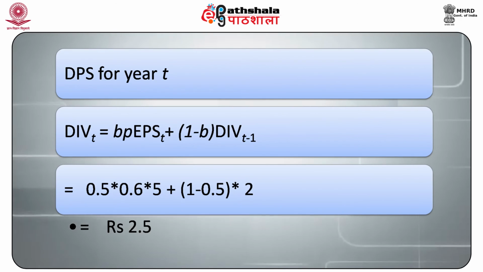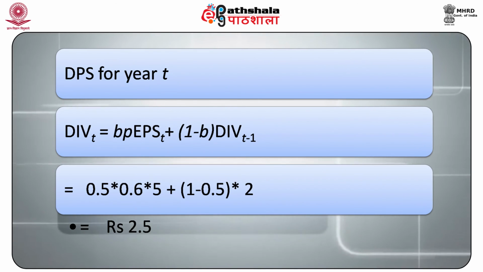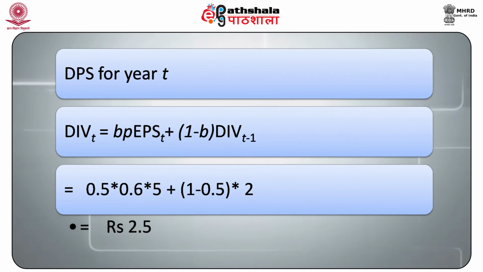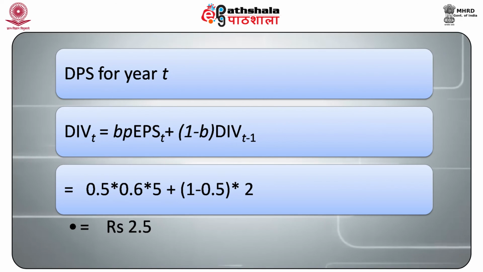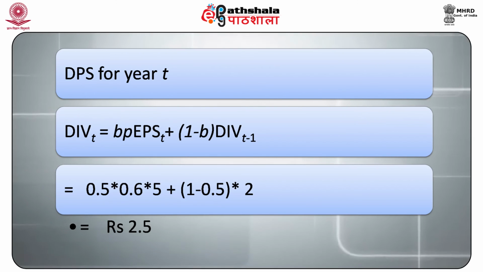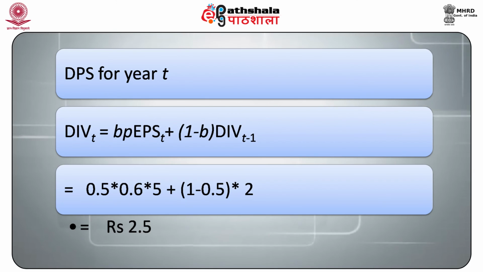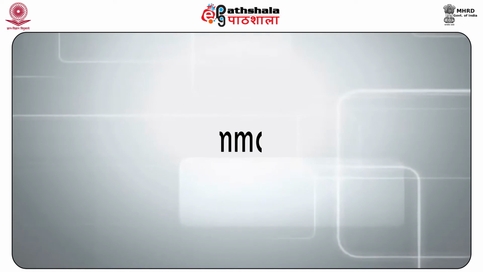The DPS for year T is given by dividend of this year equals B into P into EPS of this year plus 1 minus B into dividend of the previous year, which is 0.5 into 0.6 into 5 plus 1 minus 0.5 into 2, equal to 2.5. Thus, the dividend for the current year is Rs 2.5, which is partly dependent on the previous year's dividend and partly on the current earnings.